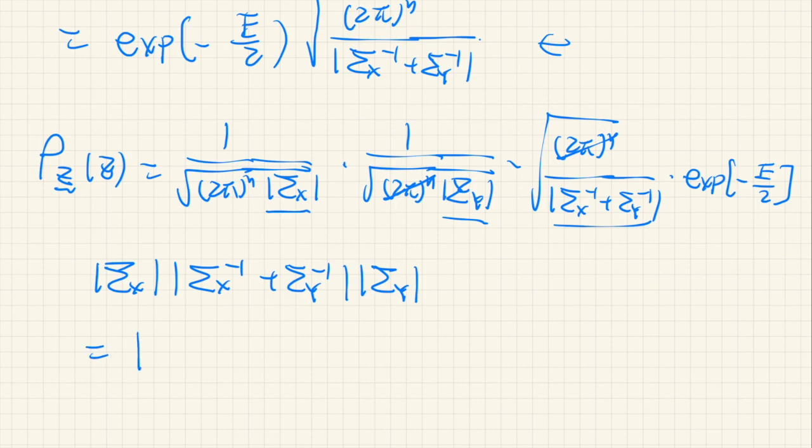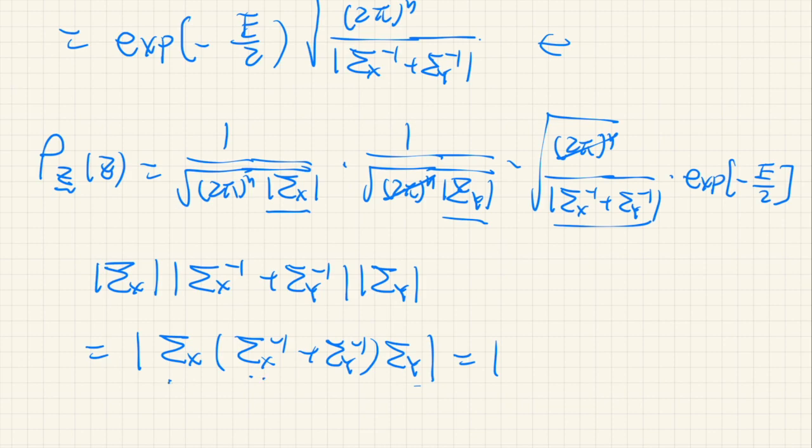This becomes the determinant of sigma x inverse plus sigma y inverse times sigma y. So just multiply everything: this times this is identity, and that times sigma y is sigma y here. This times this times this, that's sigma x.